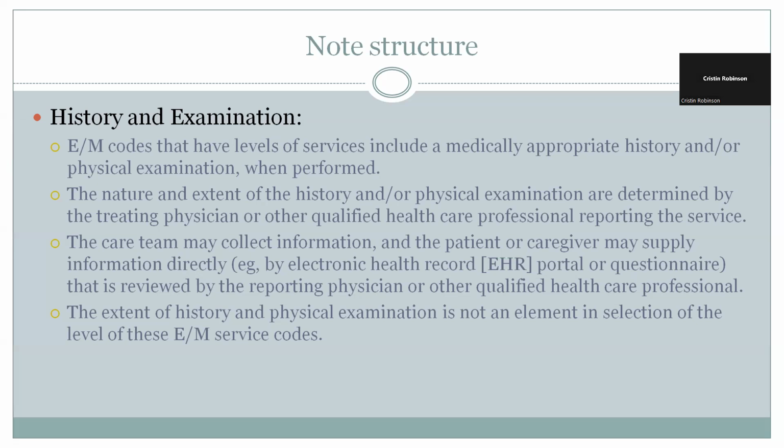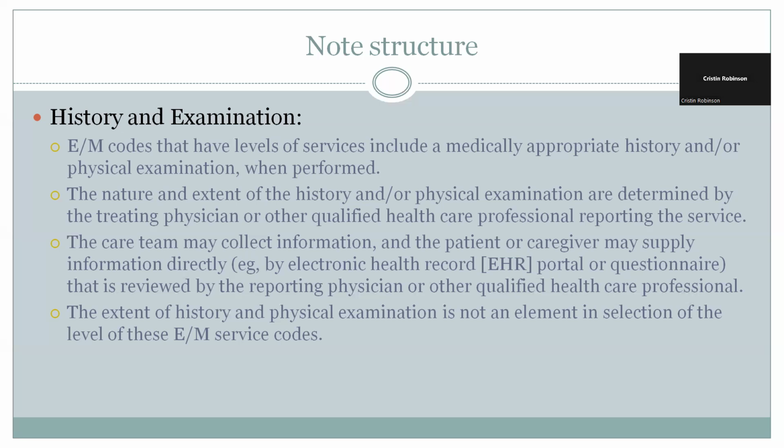So next we have the nature and extent of the history and physical exam. Remember, this is determined by the treating physician or the other qualified healthcare professional that is reporting the service. This is not counted towards the final code that you will choose for the evaluation and management service.